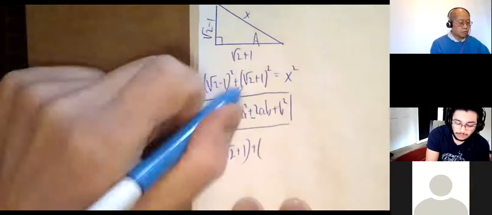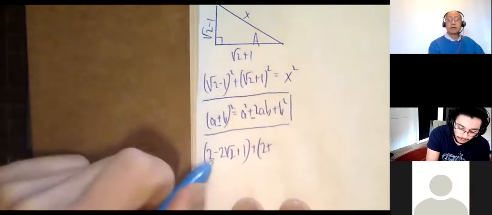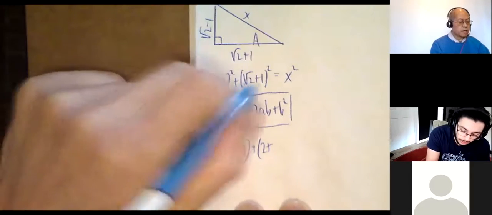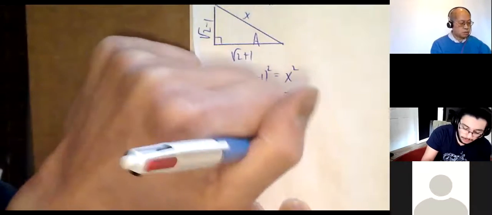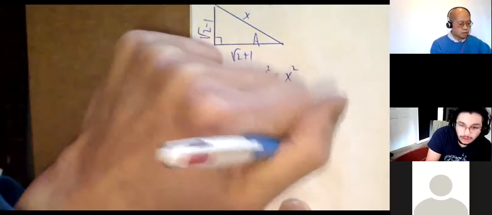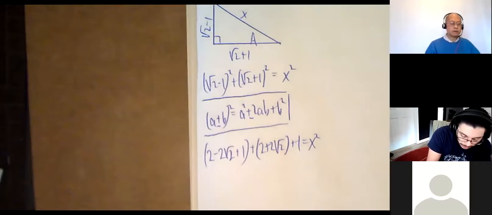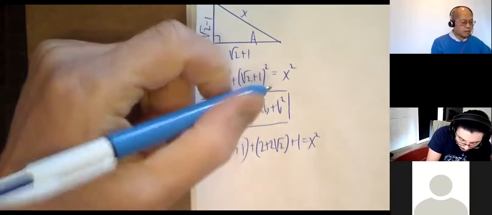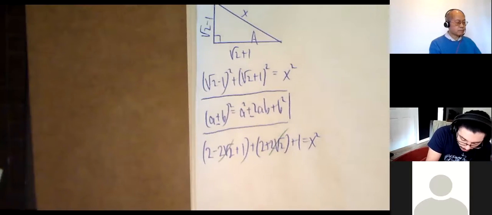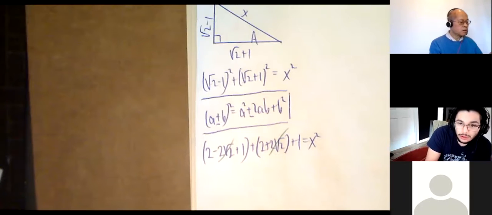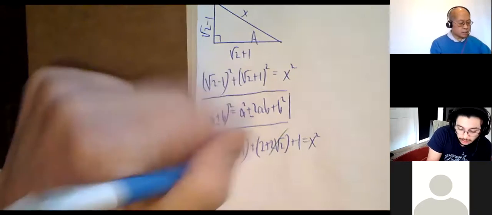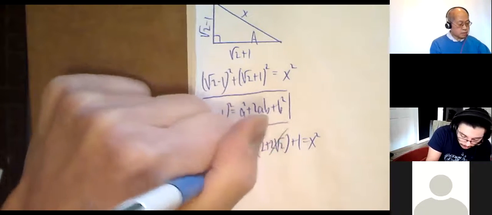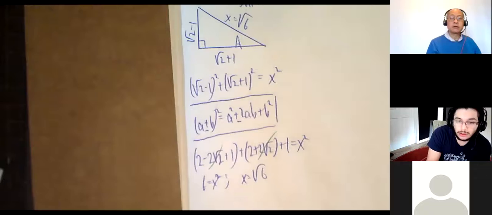Then I square this, radical 2 squared is 2, plus 2 times a times b, 2 radical 2, plus 1 equals x squared. Very conveniently, these cancel out. So I have 2 plus 1 plus 2 plus 1, that's 6. 6 equals x squared, so x is the square root of 6. Once I have that, I got everything.